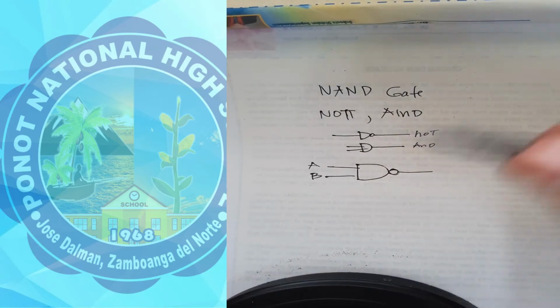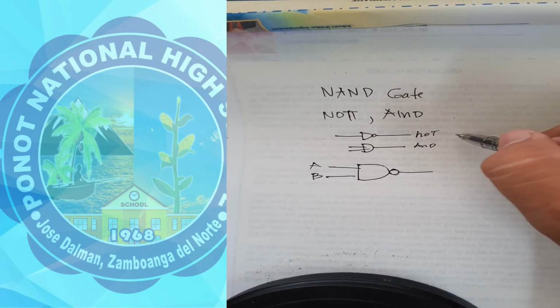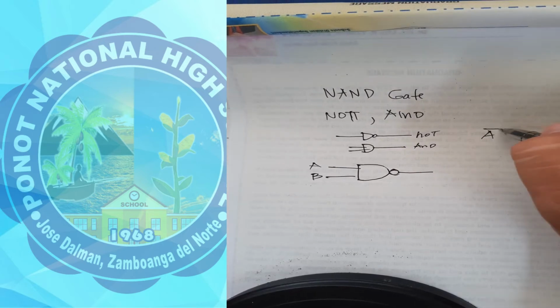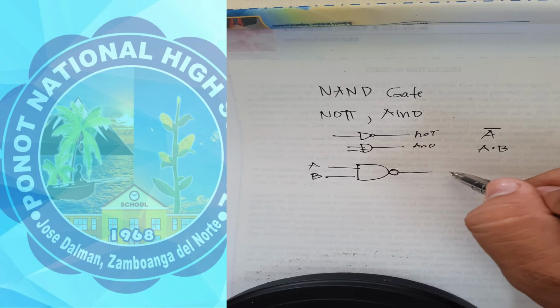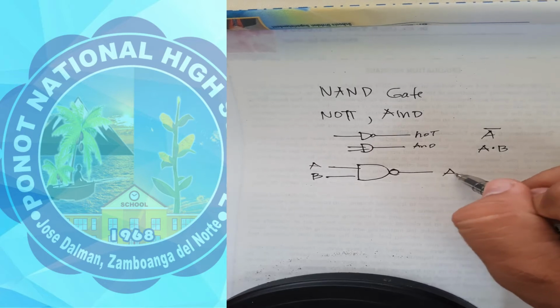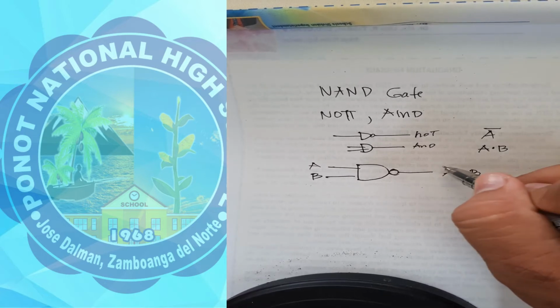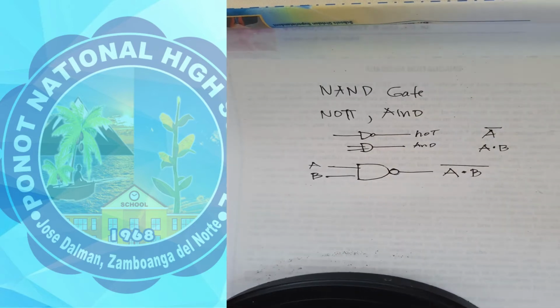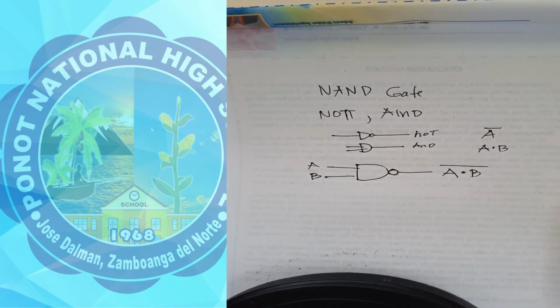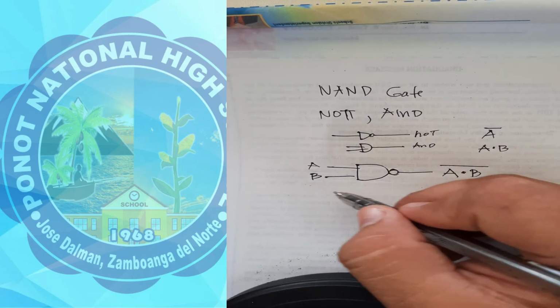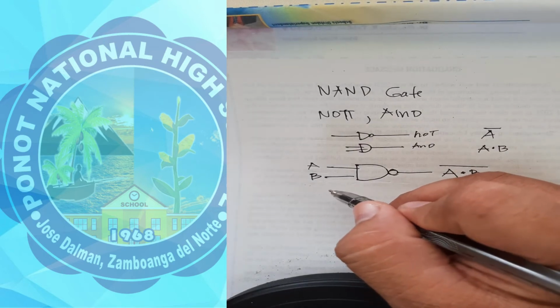Kung ang NOT gate, mag-output tayo ng A bar, ang NAND gate is A.B, so dito, ang magiging output natin is A.B, then lahat bar. A.B bar. If you encounter this one, meaning it is a NAND gate. So, anong sabi ni NAND gate?